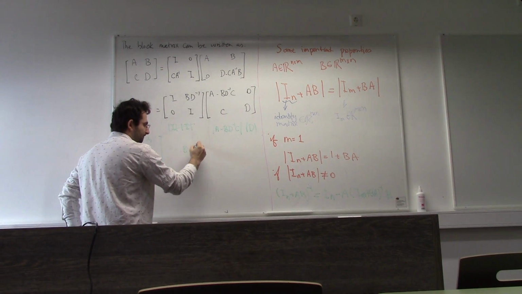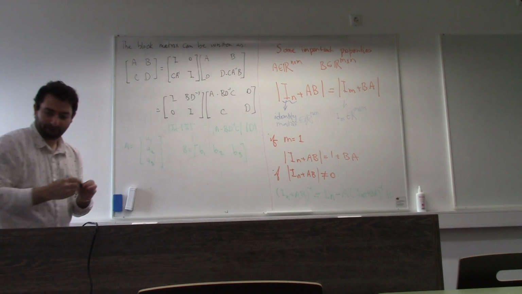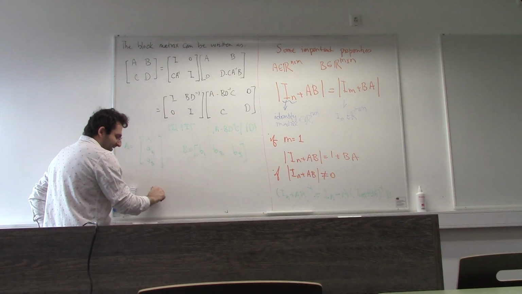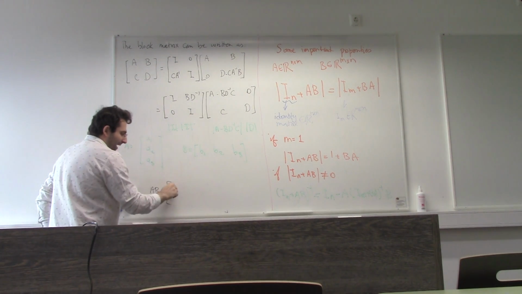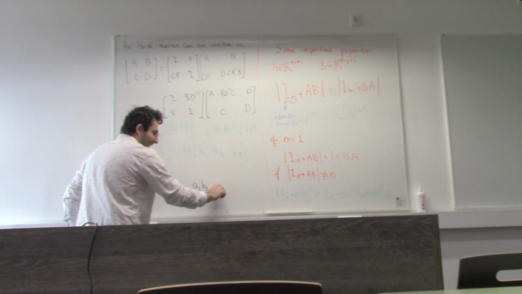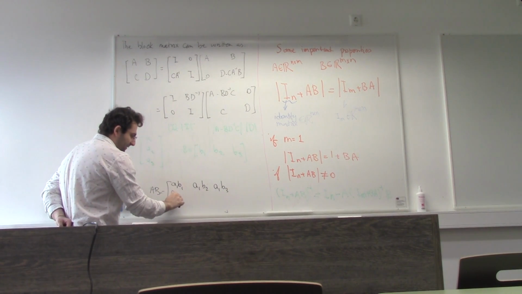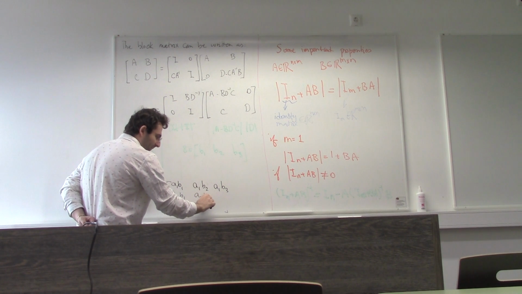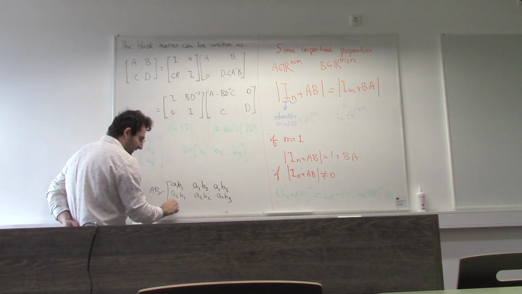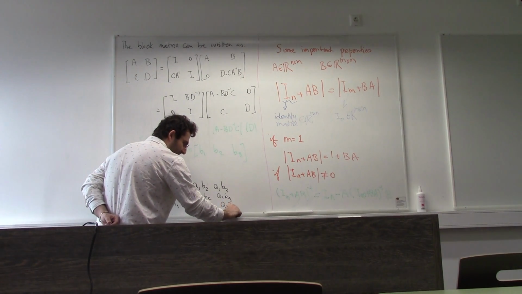And B is B1, B2, B3. Look, AB is A1B1, A1B2, A1B3. Then it's A2B1, A2B2, A2B3. Then it's A3B1, A3B2, A3B3.